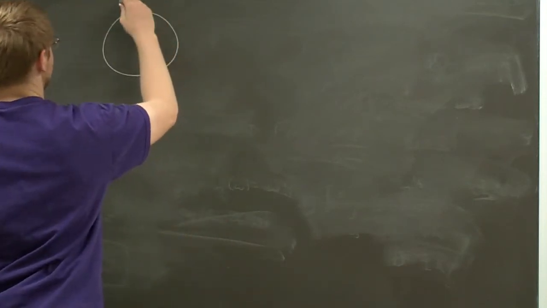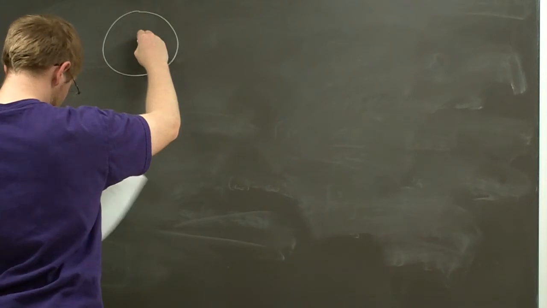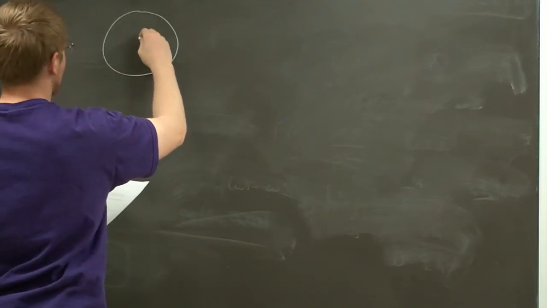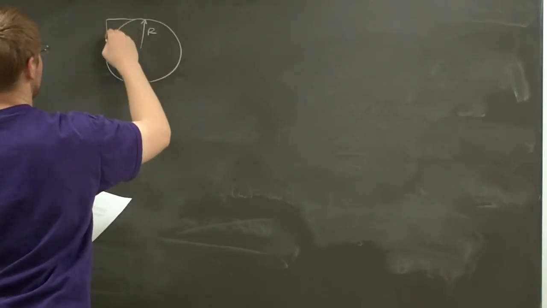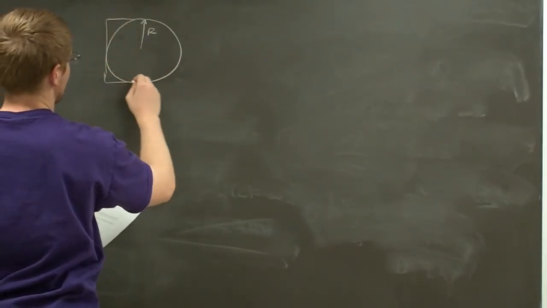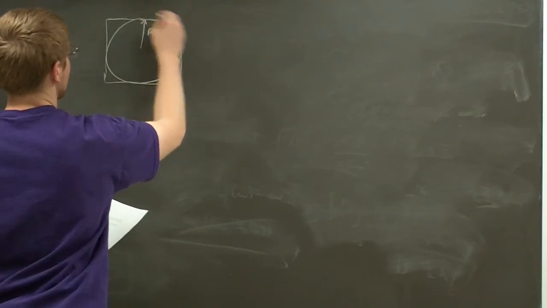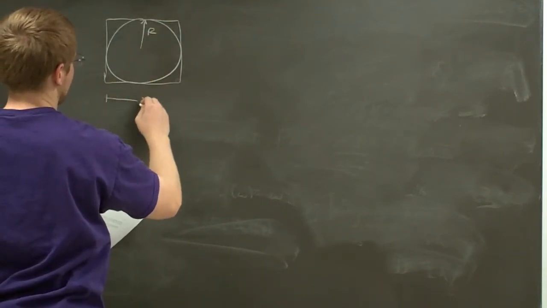So, if you have a sphere that has radius r, and it is in a cube, I'm just going to draw this as a two-dimensional version, with side length 2r.